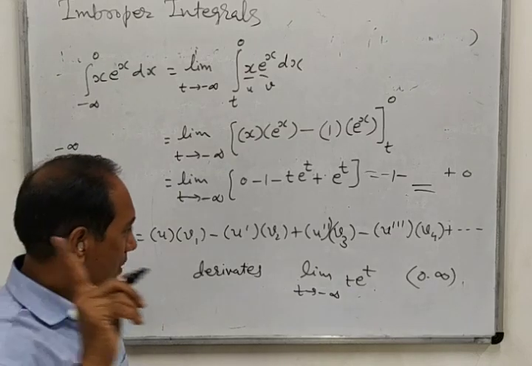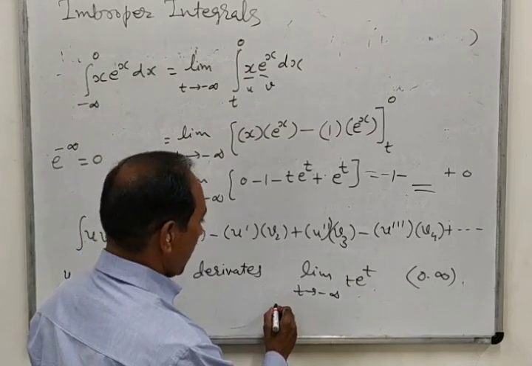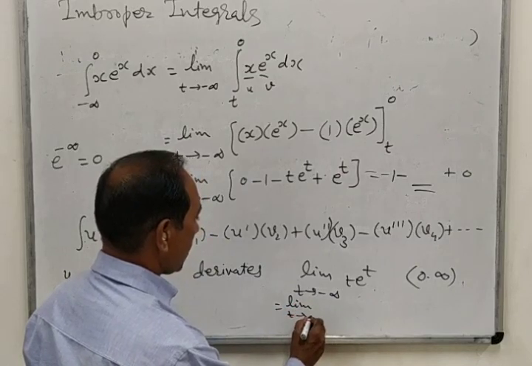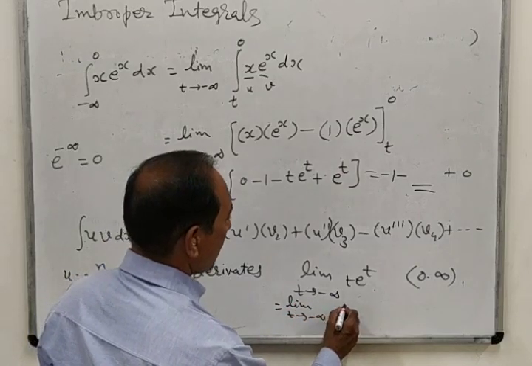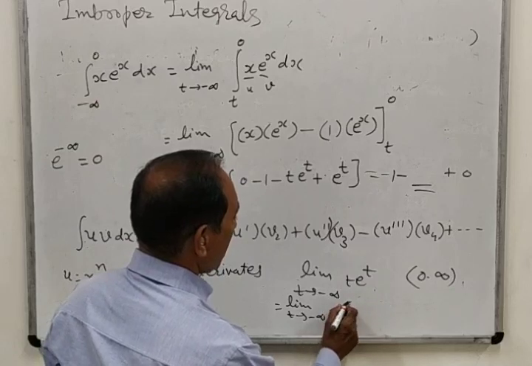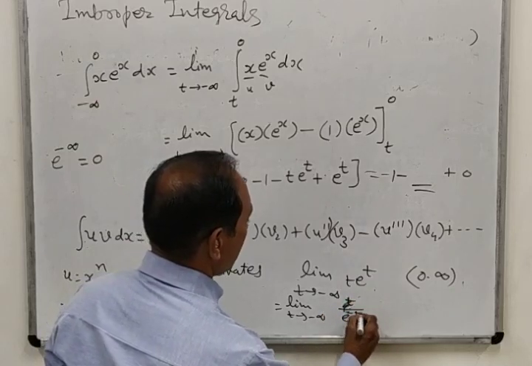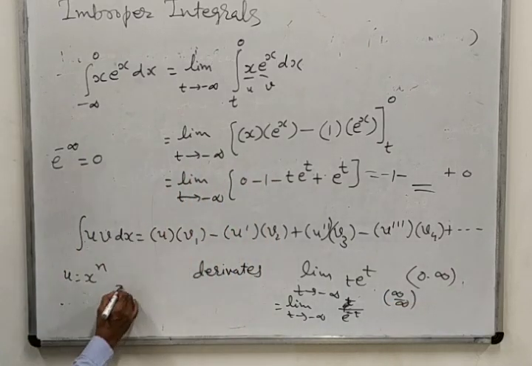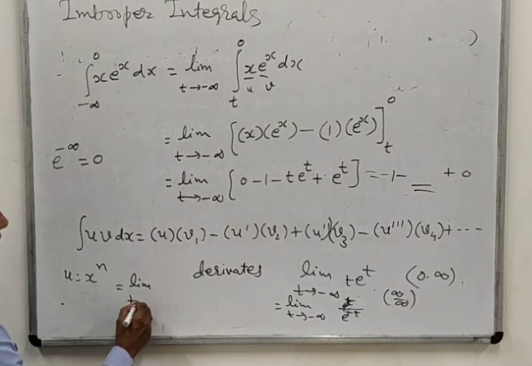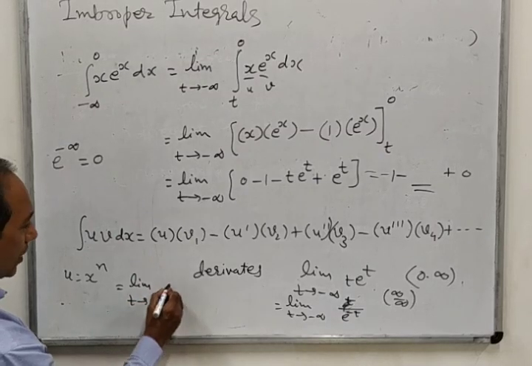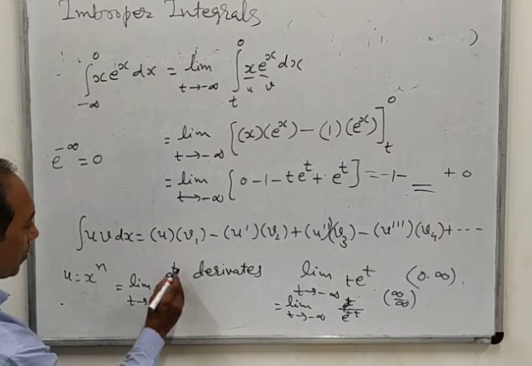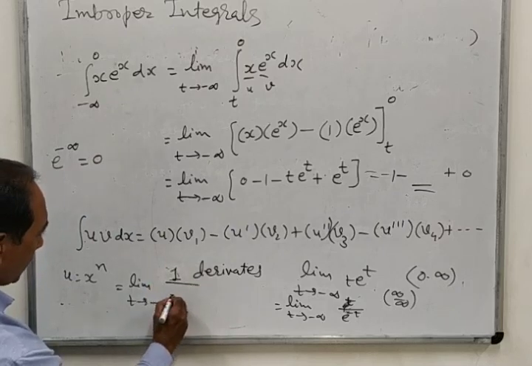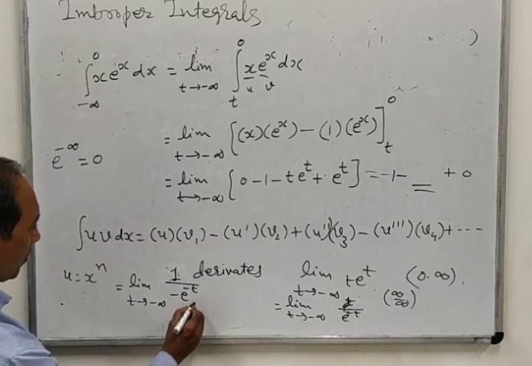So we use L'Hopital's rule. We write this as t upon e raised to minus t, so it becomes infinity upon infinity. So this becomes the limit as t tends to minus infinity of the derivative of t, which is 1, upon the derivative of e raised to minus t, which is minus e raised to minus t.